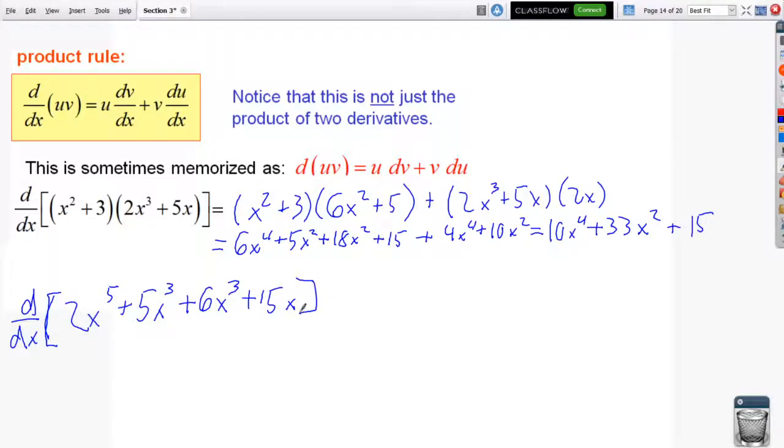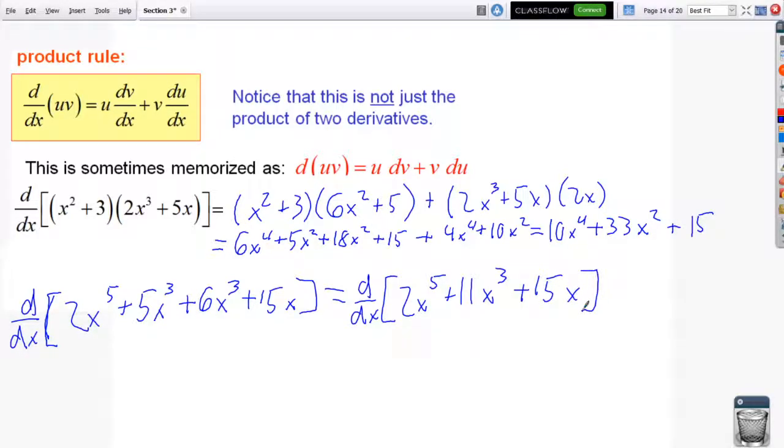Last would be plus 15x. And once I expand that, notice I haven't taken the derivative, so this would not be an acceptable answer, but the derivative of it would be. And I know some of you might be pointing out that we got common like terms there. So 2x fifth plus 11x cubed plus 15x.